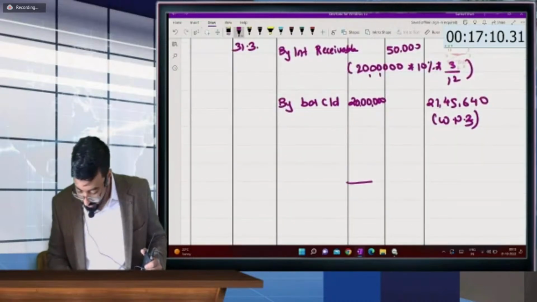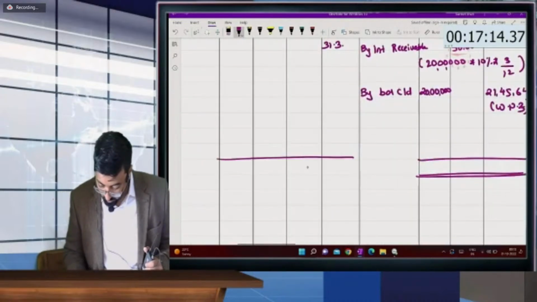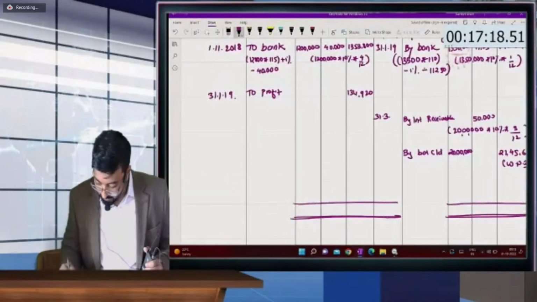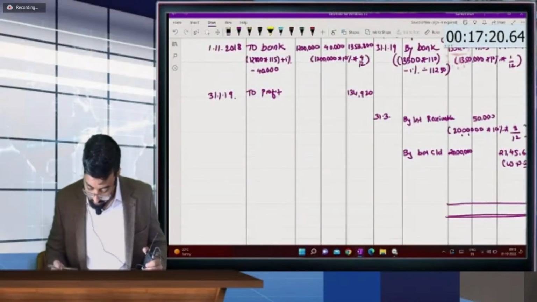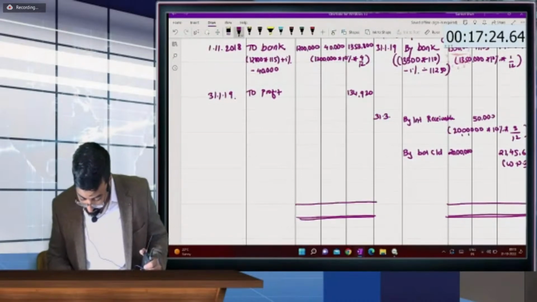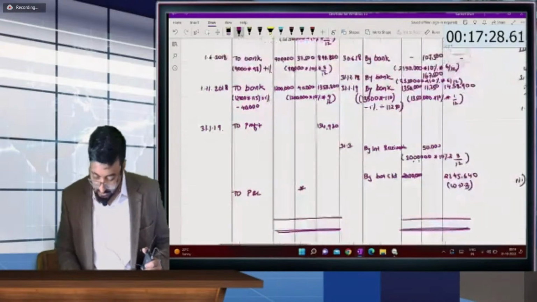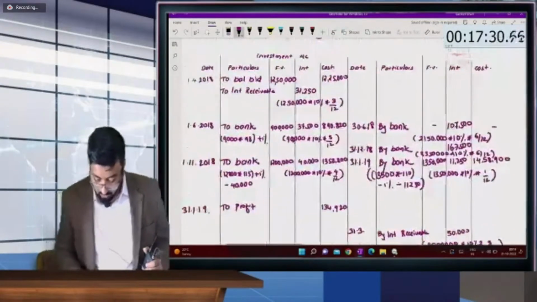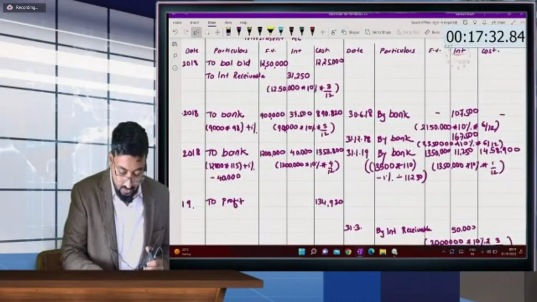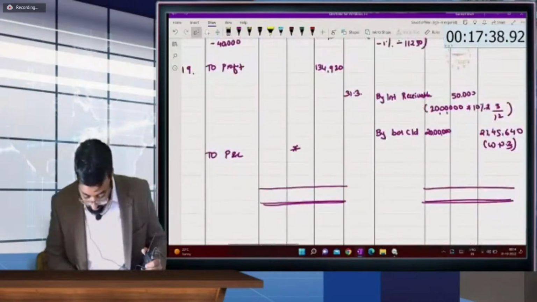Now you can take a total, and interest you can transfer to P&L. Take a total: 1250 plus 900 plus 1200, 33 lakh 50,000.